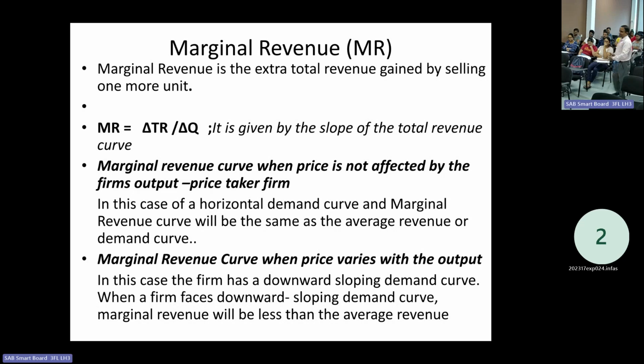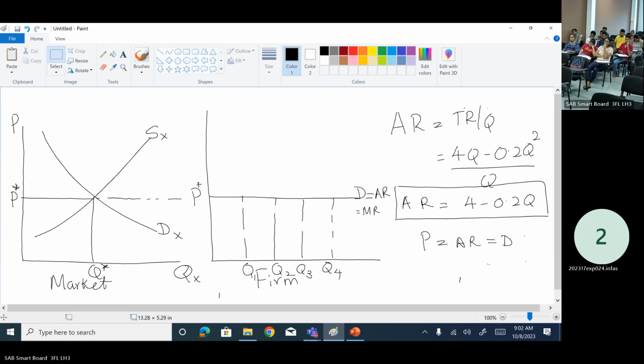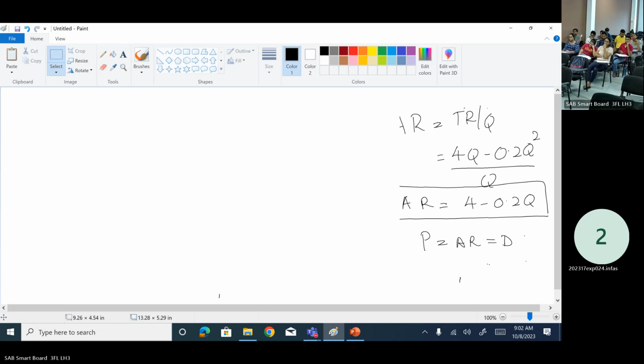For an example, actually we take the differential revenue. The total revenue is the price into quantity. That means dTR over dQ.